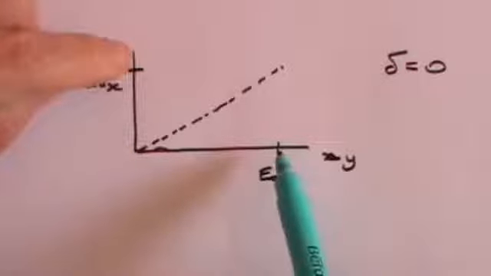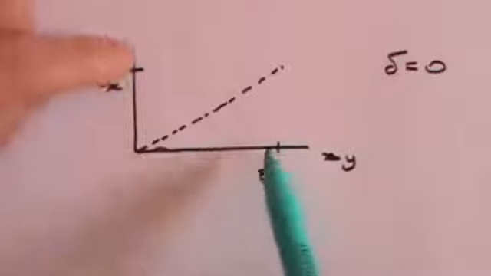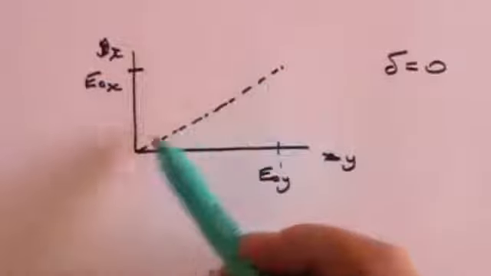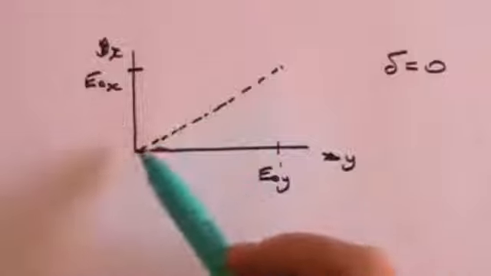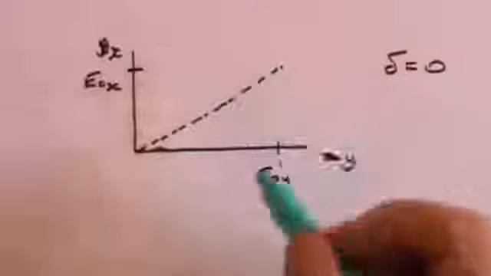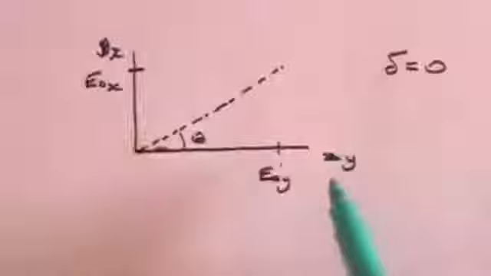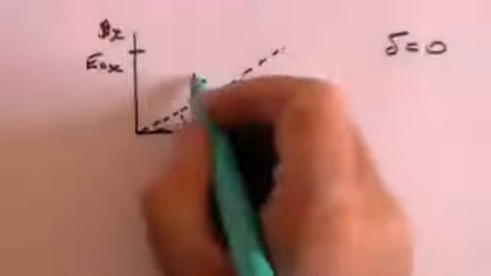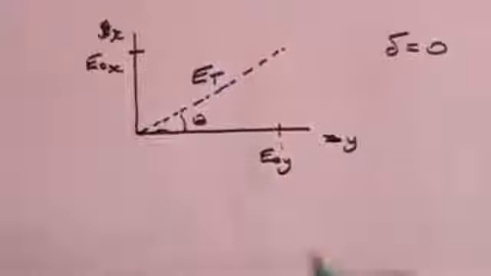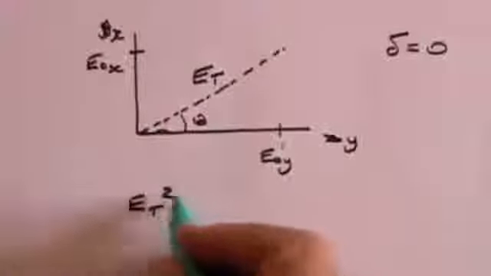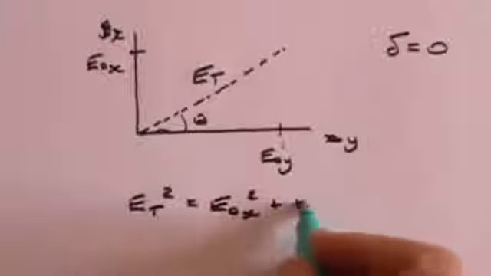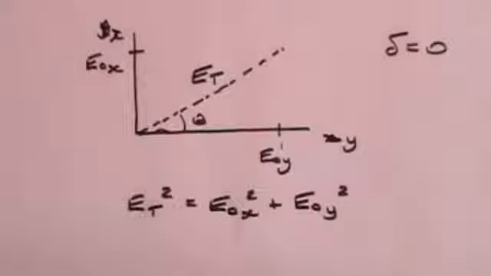When the Y component is a maximum, the X component is a maximum, and consequently the E field is simply oscillating in this direction, like this, going from 0 to its maximum at an angle theta, which of course is determined by the relative size of the Y and the X components. And of course, if you look at the total E field, which we'll call ET, Pythagoras tells us that ET squared is going to be E naught X squared plus E naught Y squared.